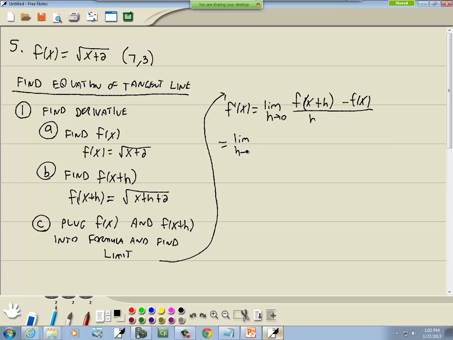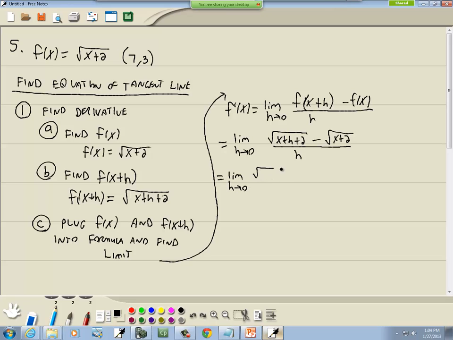Okay, so we've got f prime is equal to the limit as h goes to 0 of f of x plus h minus f of x all over h. f of x plus h, from 1b, we said was the square root of x plus h plus 2, minus f of x, which is the square root of x plus 2 from 1a, all over h. Now this is a conjugate method. When you have a fraction with a radical of some sort up on top, you try to multiply top and bottom by the conjugate of the top.